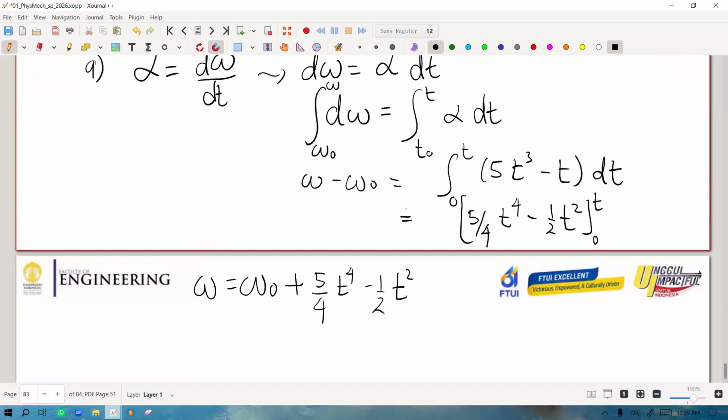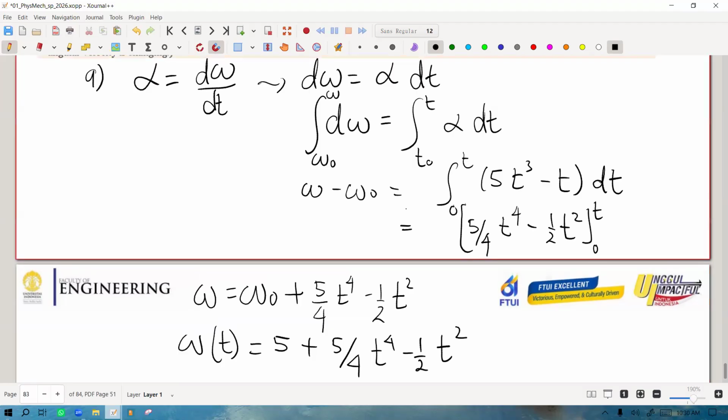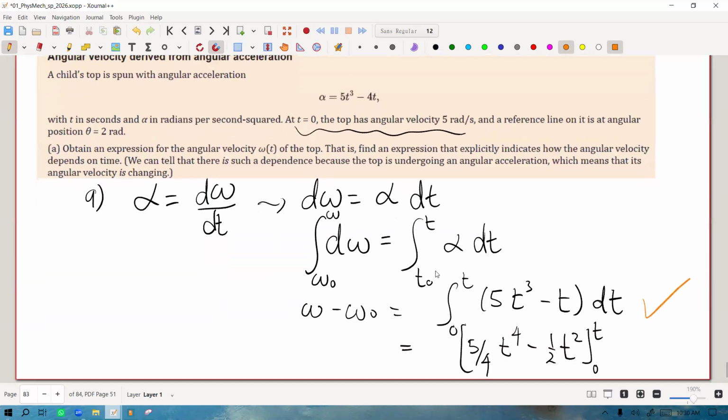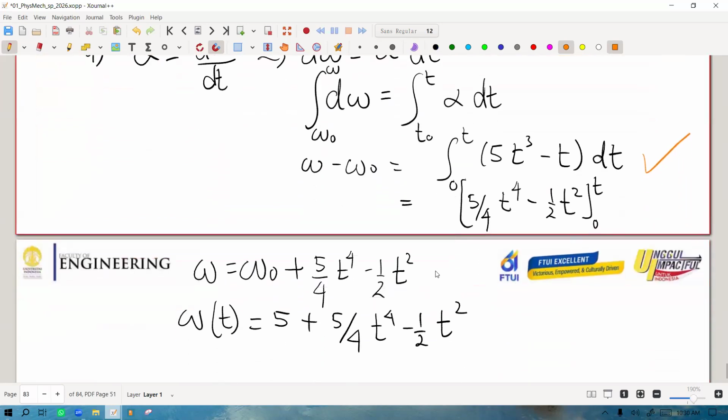So omega as a function of time is 5 plus 5 over 4 t to the power 4 minus half t squared. This is the answer for point A. So we take the integral of this form. Okay, any questions for this one?